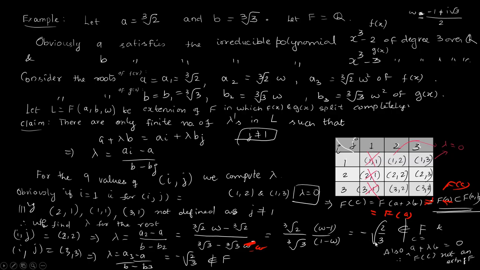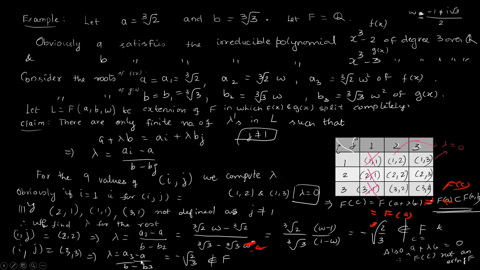So you have minus cube root of 2 by 3. Obviously, it is not a member of F. So this lambda is only in L, not in F. Now, when ij is 3 comma 3, you have a3 minus a by b minus b3.